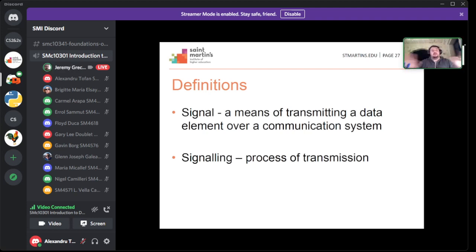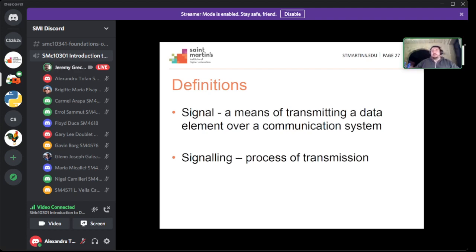It can be any form of communication system. It can be done via a cable, it can be done wirelessly, it can be done via satellite, radio, it doesn't matter. As long as digital data is actually transmitted across that particular communication system, essentially you're sending a signal.